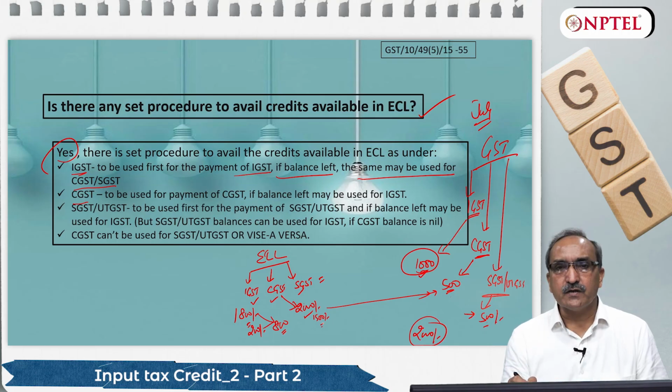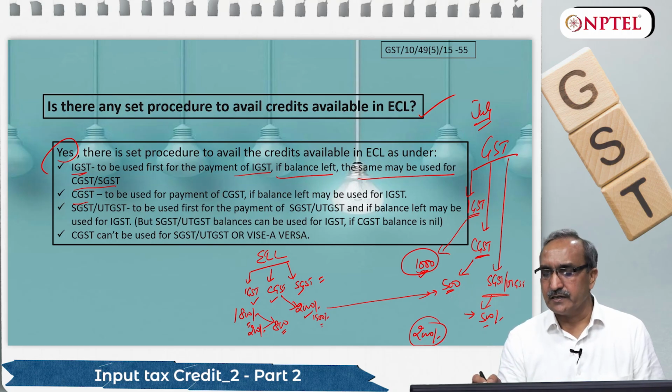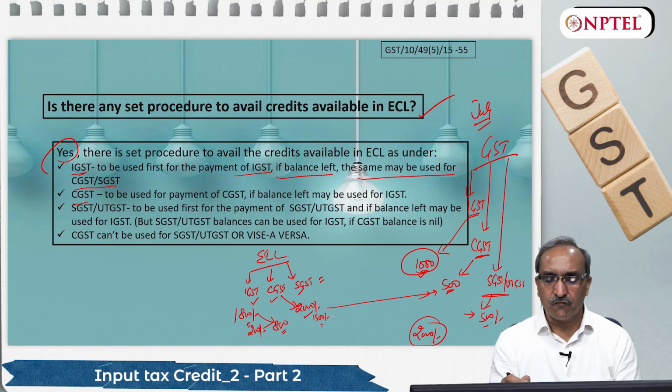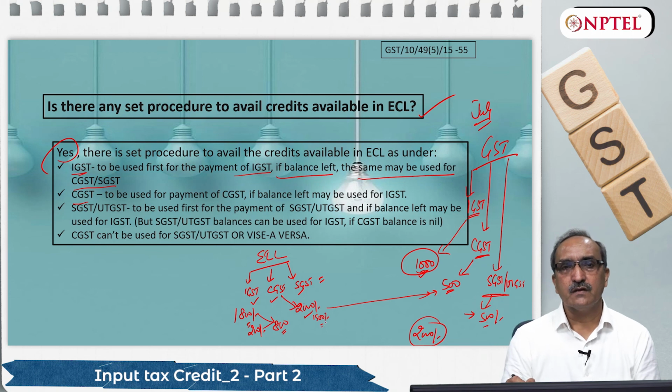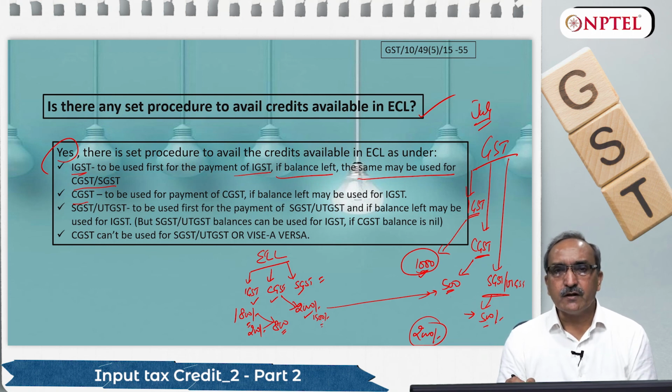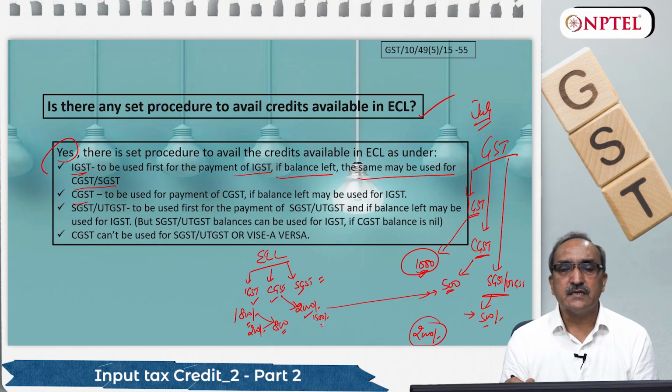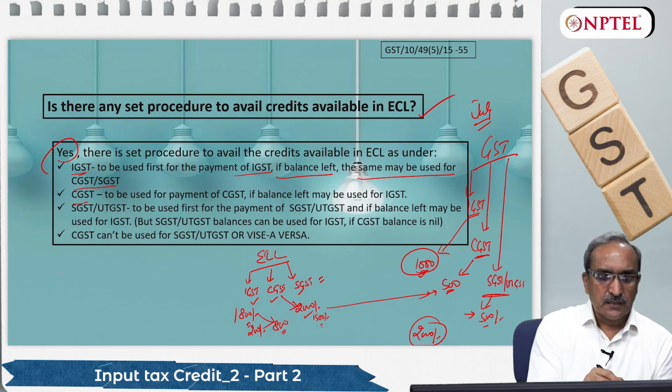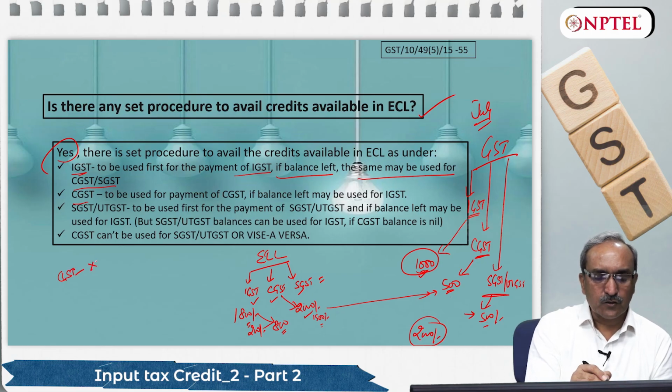This 1500 rupees is in excess of your liability, because liability is 500 and you have a balance of 2000 rupees. This amount of 1500 rupees you cannot use against SGST. So the rule is CGST cannot be used for state GST or UT GST.